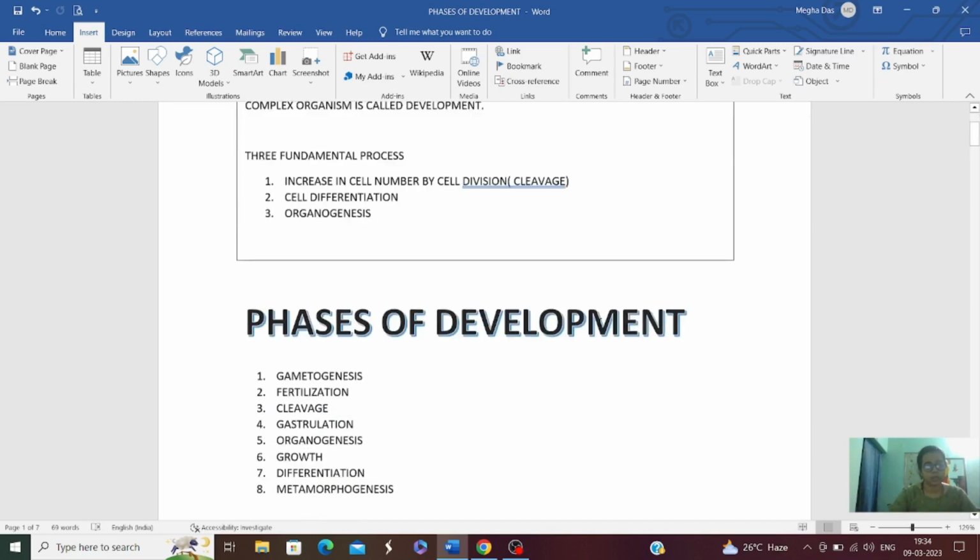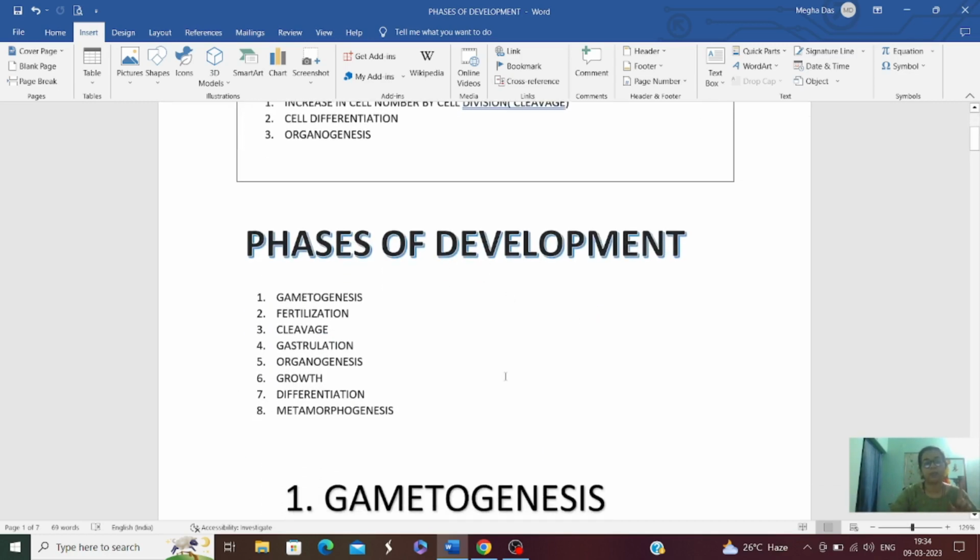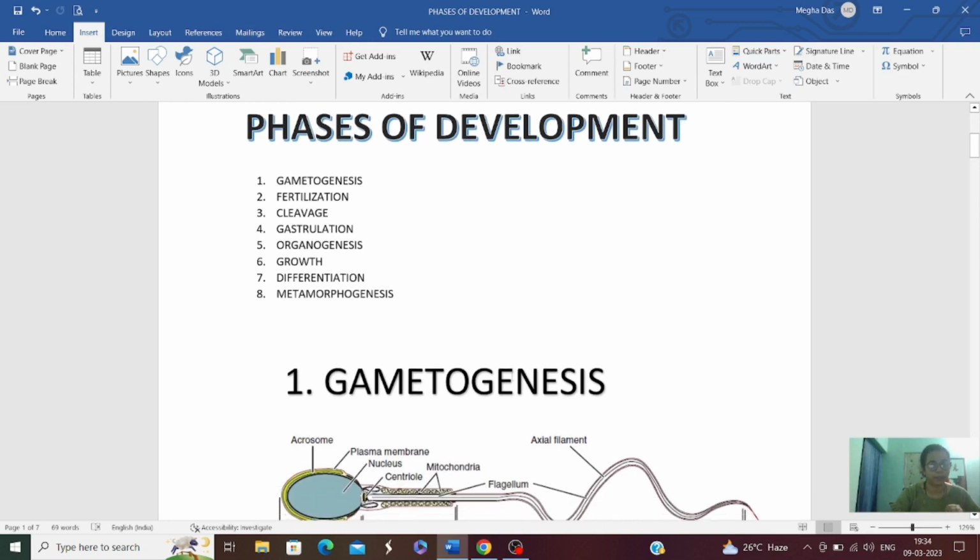So let's begin. These are the 8 phases of the process of development: gametogenesis, fertilization, cleavage, gastrulation, organogenesis, growth, differentiation and metamorphogenesis. What are these processes? We are going to discuss in detail.